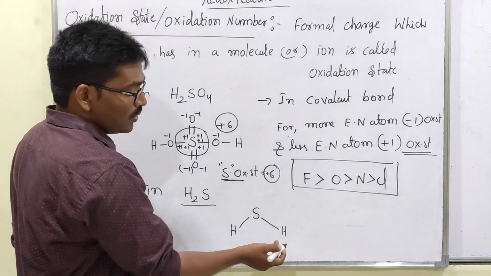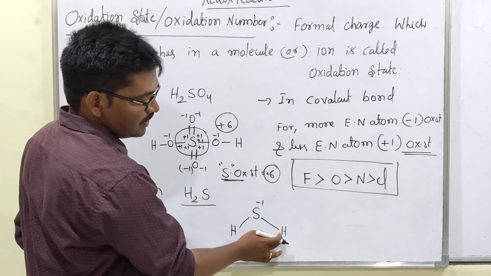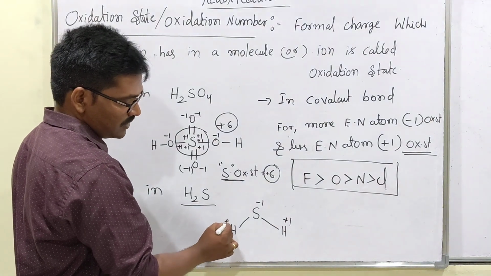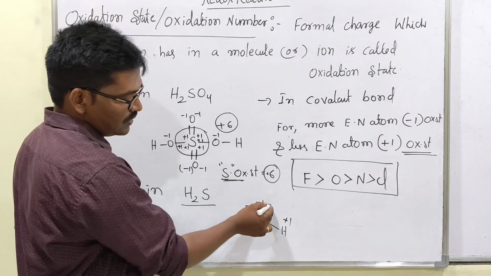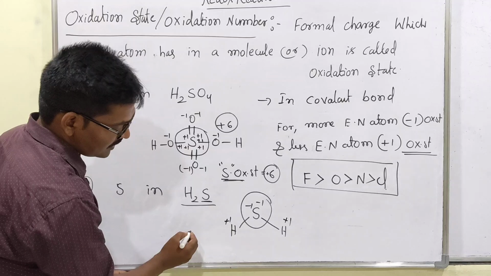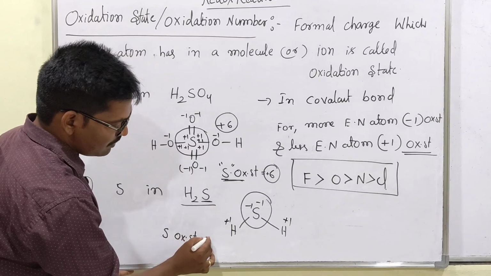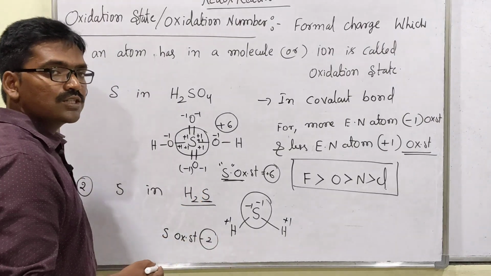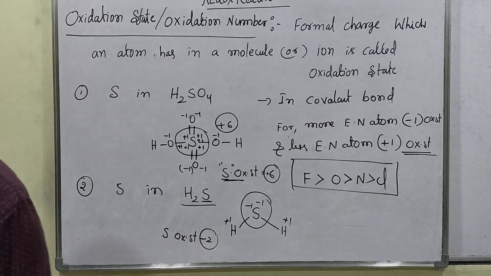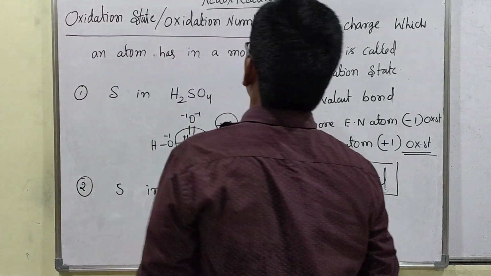Sulfur is the more electronegative atom, so -1, then hydrogen +1, then here +1, then here -1. So the sulfur oxidation state in H2S is -2. -2 is the oxidation state. So you have to identify the oxidation state by using this concept.